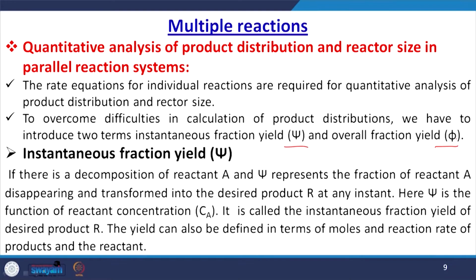Now, let us look at the instantaneous fraction yield, represented by psi. If there is a decomposition of a reactant A, psi represents the fraction of reactant A disappearing and transformed into the desired product R at any instant. Here psi is a function of reactant concentration, usually referred to as Ca.